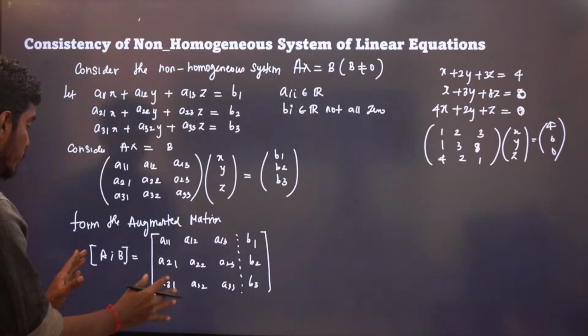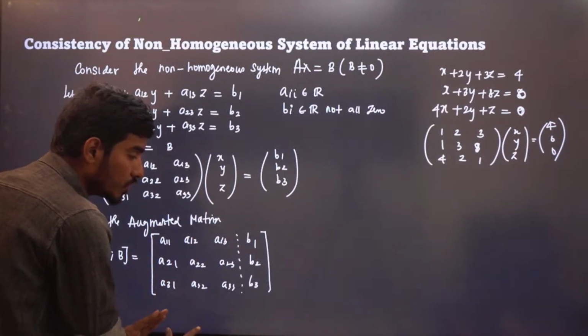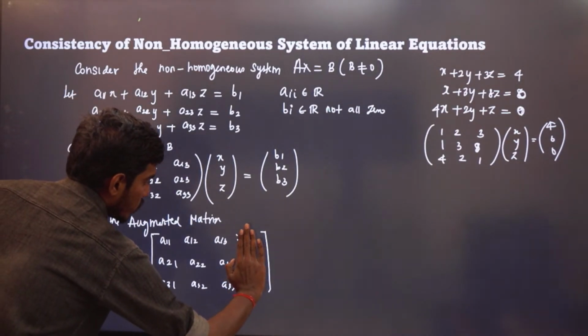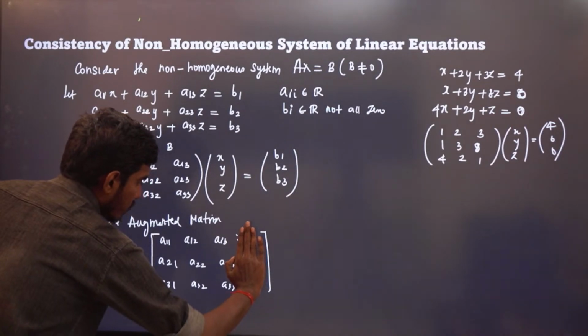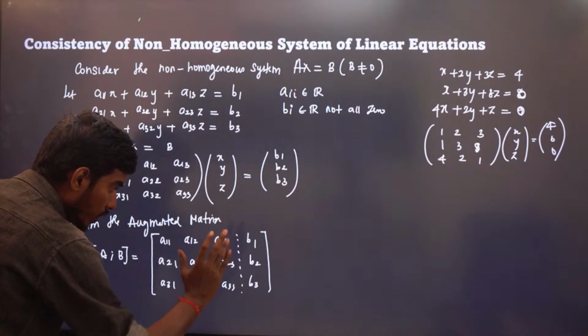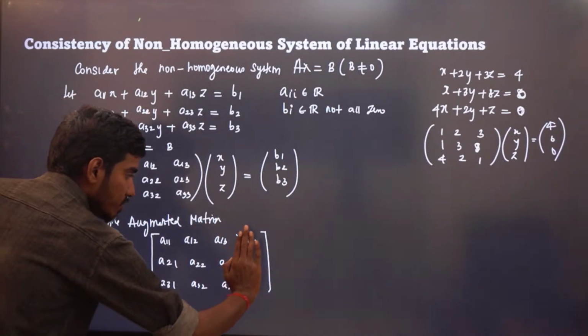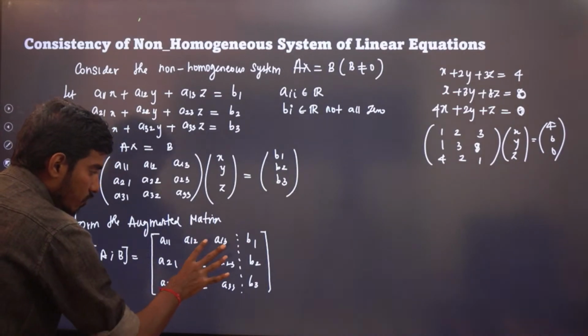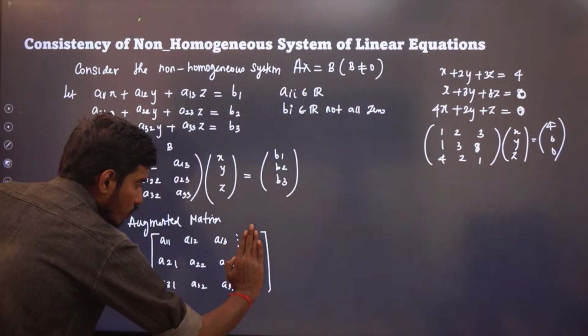How to see? You have to reduce this to row echelon form. After reducing to row echelon form, you just place a bar here. This is the A matrix. When you combine, it is (A, B). This is a 3 cross 3 matrix. For this matrix alone, you find the rank.